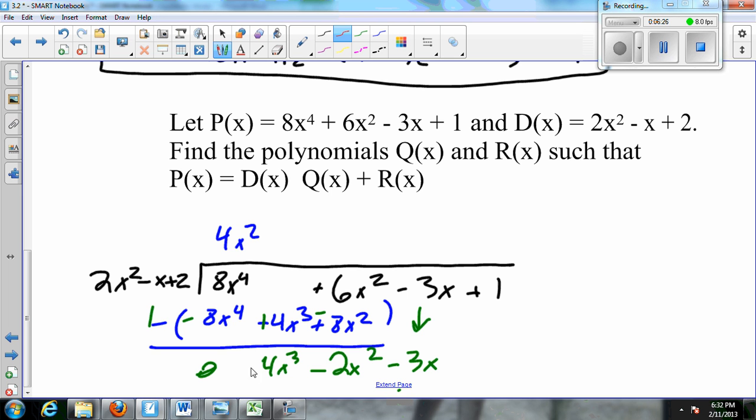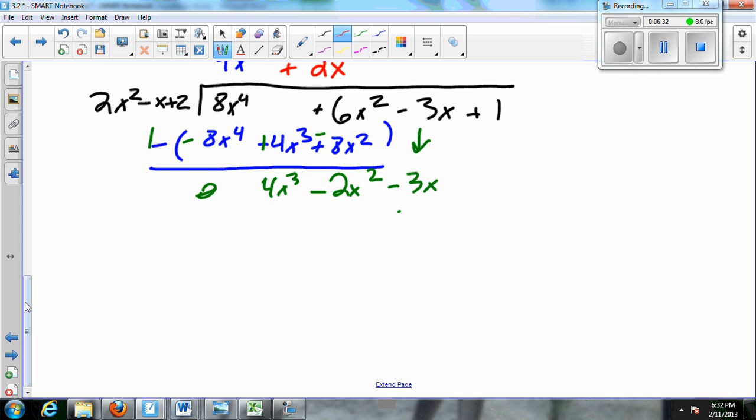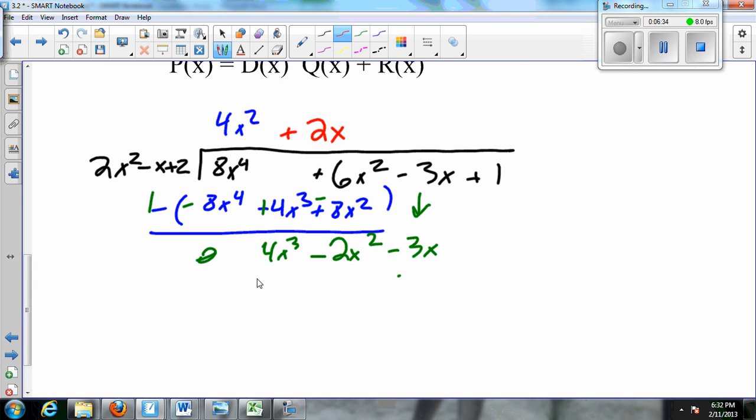So we're now looking to get rid of 4x cubed, so we need to multiply the divisor by 2x. 2x times 2x squared is 4x cubed. It's going to be minus 2x squared plus 4x. And we are subtracting, so we change the signs.